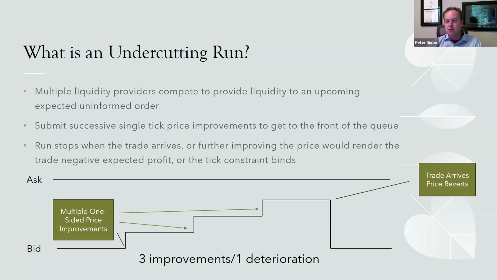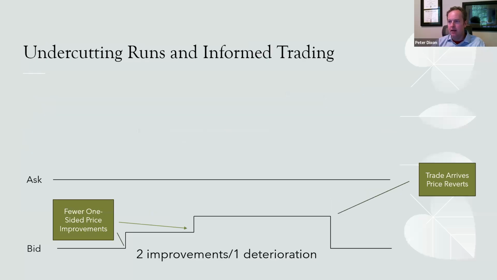And the run stops when the trade arrives, or further improving the price would render the trade negative expected profit, or if the tick constraint binds. So in this kind of hypothetical example here, we have 3 one-sided price improvements followed by 1 trade-driven price deterioration, all on the bid side of the market without a whole lot going on the ask side of the market. So this is kind of what an undercutting run will look like.